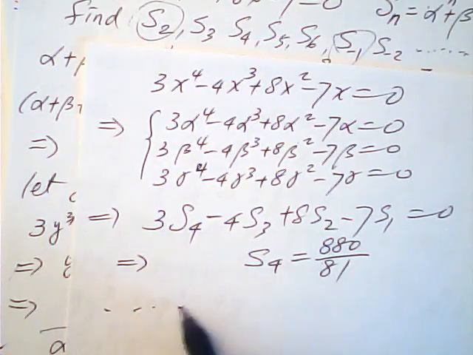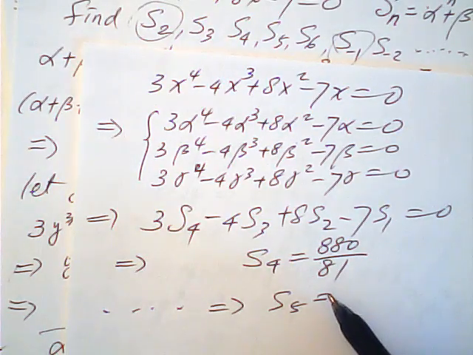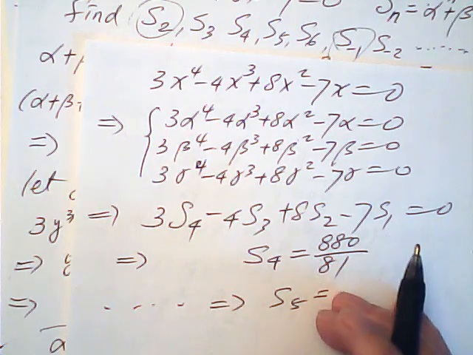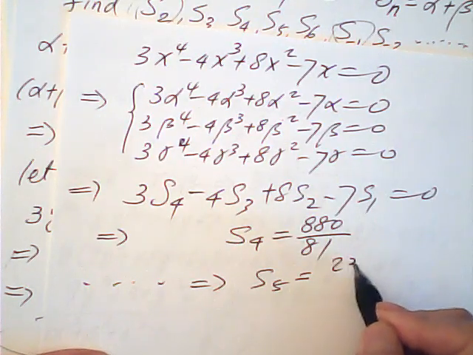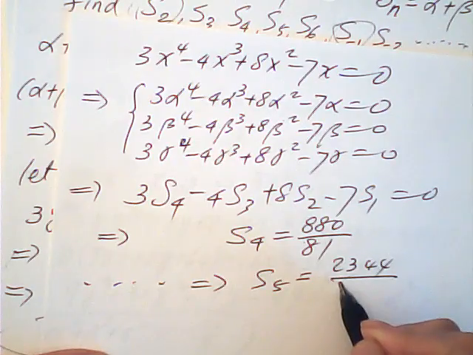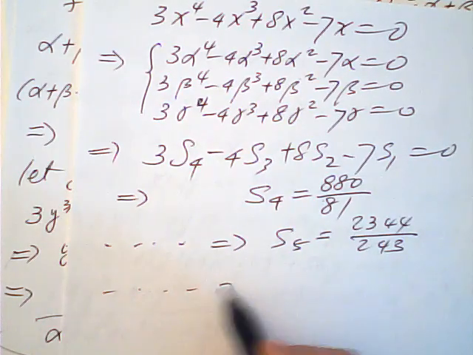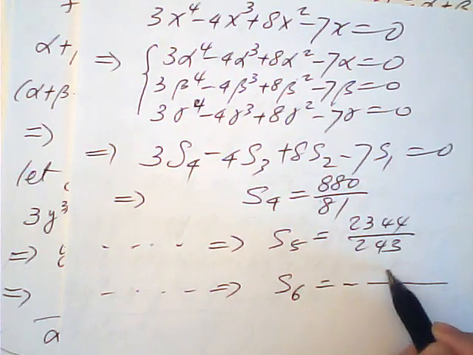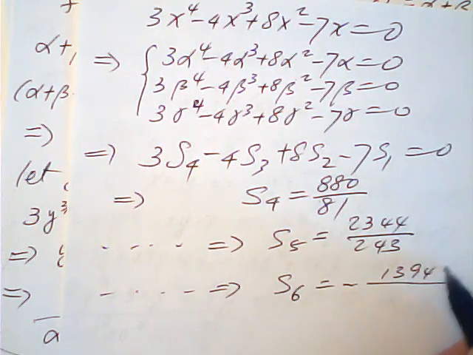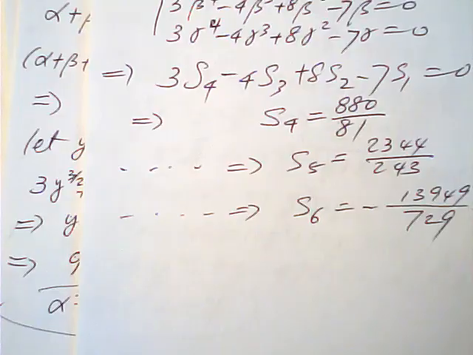And similarly, we can find S5. S5 is quite a big number. You can verify it, and so you can find S6. It's negative 13949. Well, we can find more, even if you want.